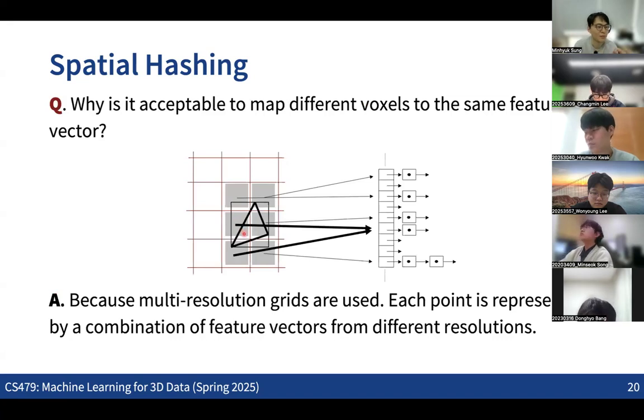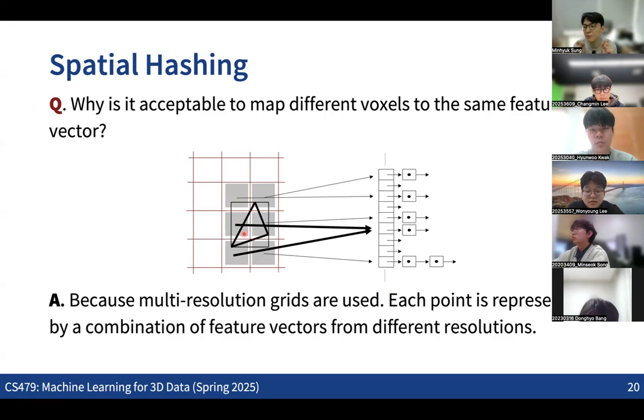Because we are using multi-resolution grids, which means that even when two voxels have a conflict in the hash table at one specific grid resolution, for the grid with a different resolution there would be no conflict for those two voxels, right?